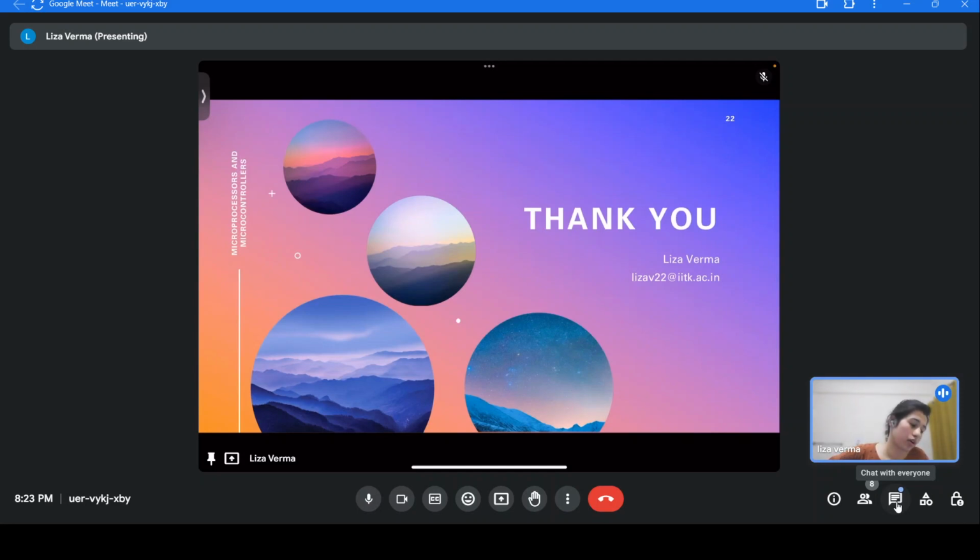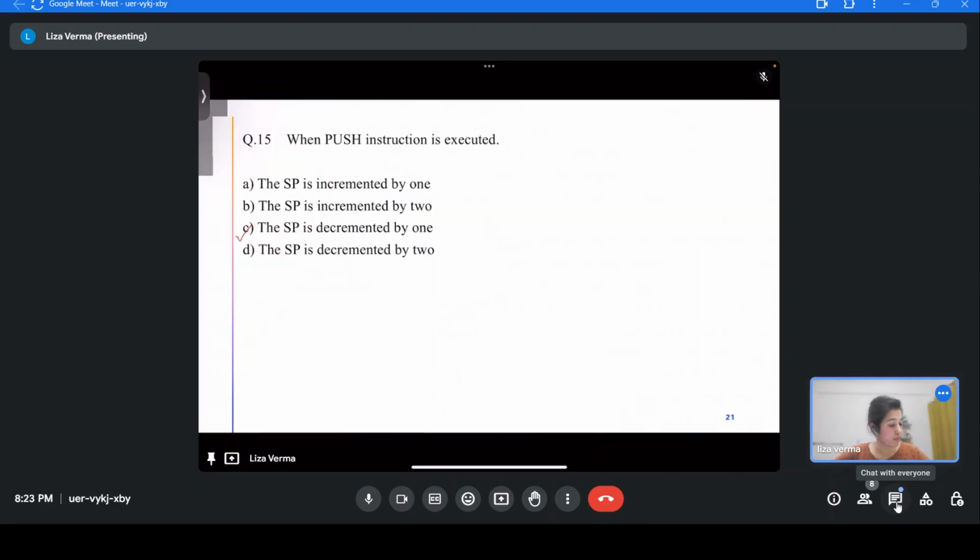Another question. This is related to the program counter. The program counter contains the address of the next instruction, right? But when is the program counter incremented? Does it happen after fetch, after decoding, after execution?